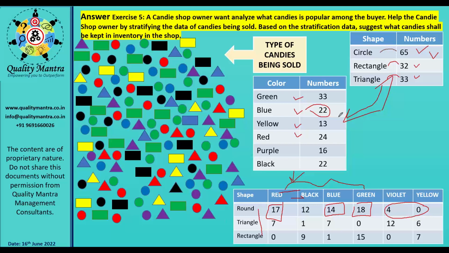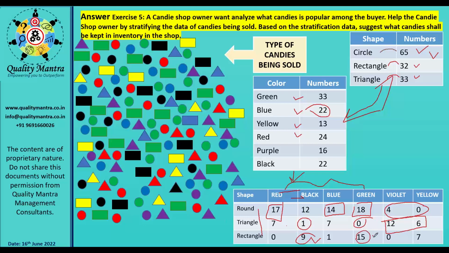After that, if you go to the triangle, there are 33 numbers in demand, and out of that you can say black in a triangle people are not liking, green in a triangle people are not liking, but violet and yellow people are liking in the triangular shape. And in the rectangle, people are only liking black and green color.